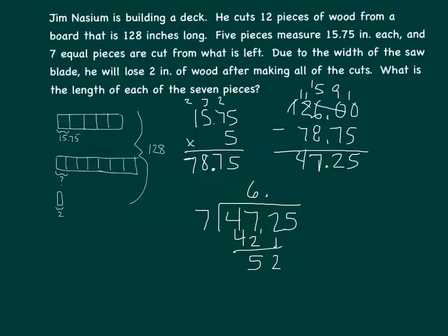Goes into that 7 times, 49. Left with 3. Bring down my 5. Goes into that 5 times is 35. I'm left with nothing when I subtract. And so my answer is each piece of wood is going to be 6.75.